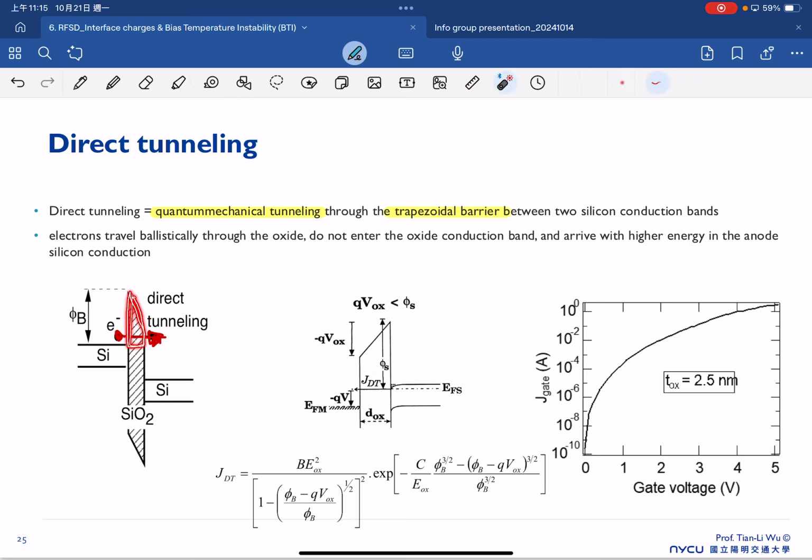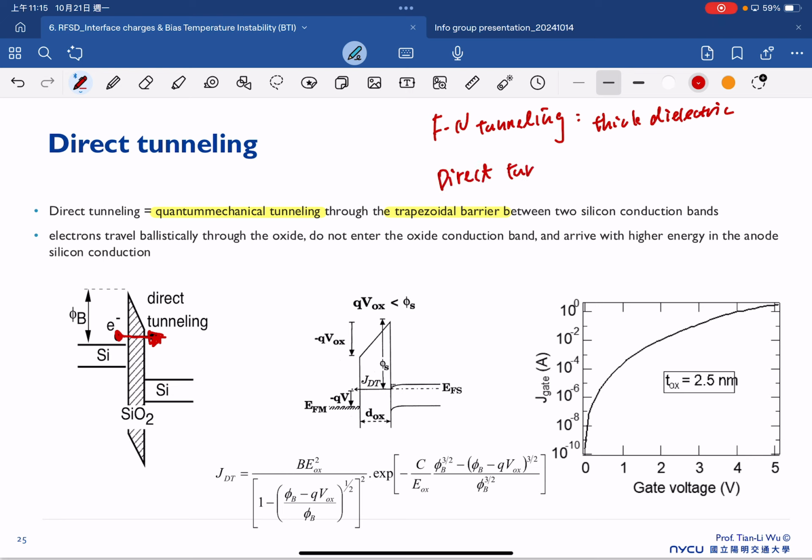So this is a trapezoidal barrier here. Anyhow, the short summary is, if we talk about the FN tunneling, we only consider the case with a very thick dielectric. But if we consider direct tunneling, this is a case that very often happens in a very thin dielectric.